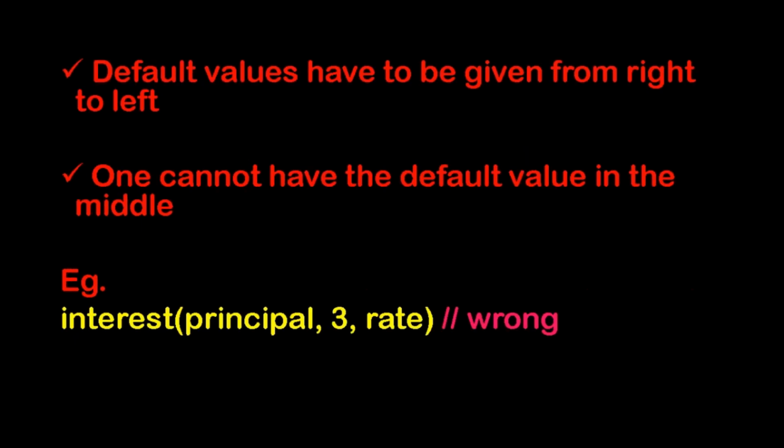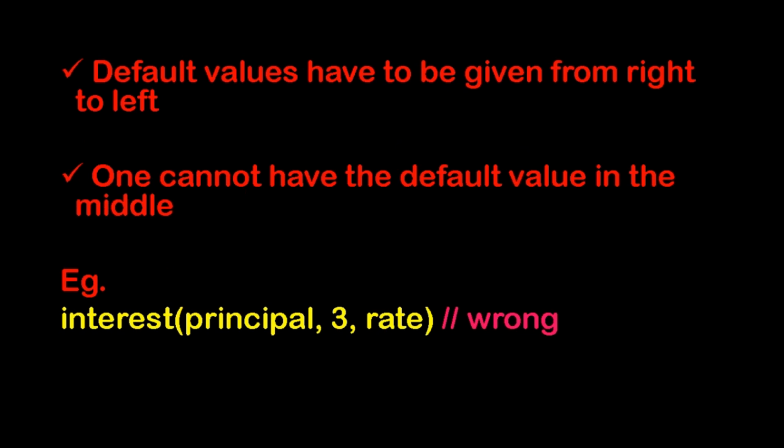The default value has to be given from right to left. Consider 3 or 4 arguments are there. Then you cannot give the default value straight away to the left; you have to start from the right side. For example, here interest is the function name, with principal, time and then rate given. For the rate we didn't give the default value, and the 3 is given.